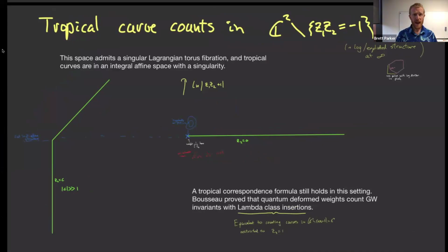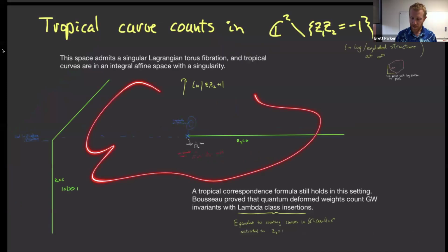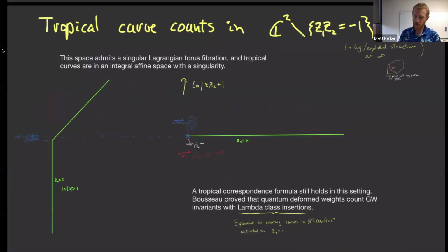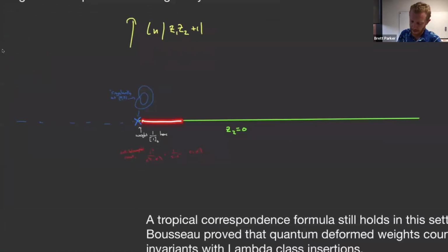In this case, the tropical balancing condition holds everywhere apart from at the singularity, where you can have curves coming out this direction or coming out this direction. And this curve that I've drawn here is the holomorphic curve given by the equation z2 equal to 0.